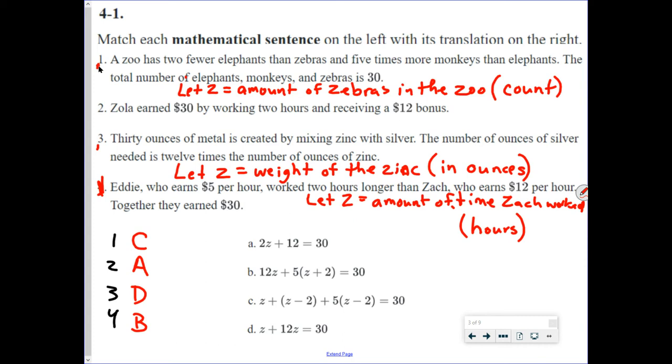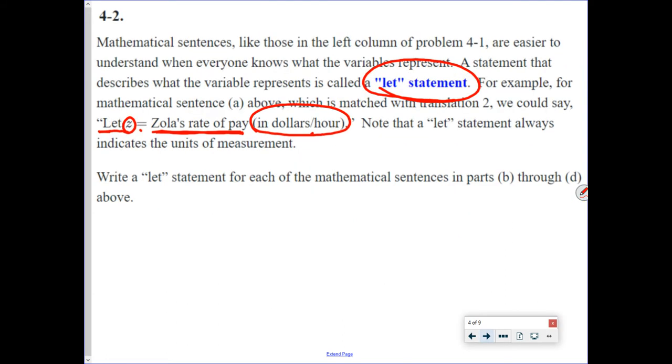So let statements, I do need you to pause and think about let statements as you're working on them. Anytime you create an equation from a word problem and you pick some variables, you're always going to write let statements. And they should be fairly specific, saying what the variable is, what it measures, and then what unit it measures in. Got it? Some of you are going to try to shortchange me, and I'm telling you it's not going to work. So you don't need to write a paragraph, but don't you dare say let z equals zinc or let z equals zebras. That's not going to be enough, okay?